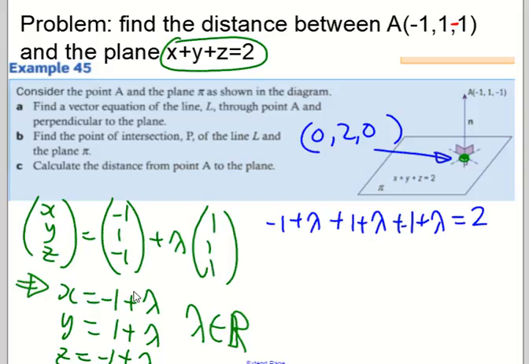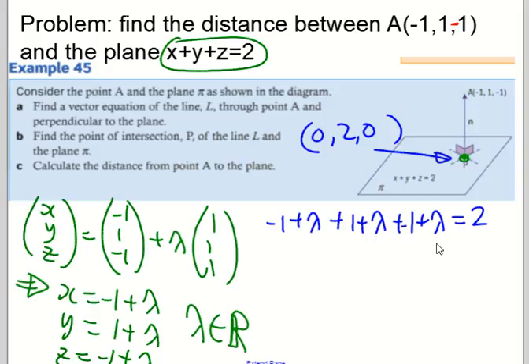Now this gives us the parametric equations for x, y, and z. And if they meet the plane, then they must satisfy the equation of the plane. So if we replace x, y, and z in here, it's got to equal 2. And therefore we can find the value of lambda.